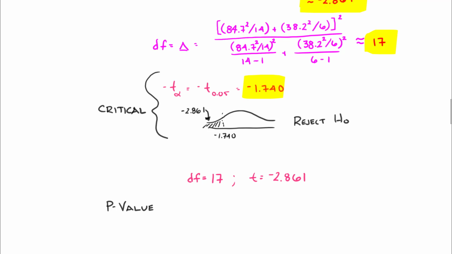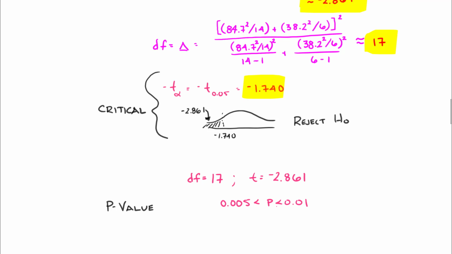So when we go down the table and find specifically where negative 2.861 would be located at degrees of freedom being 17, we find that it would lie somewhere between 0.005 and 0.01.